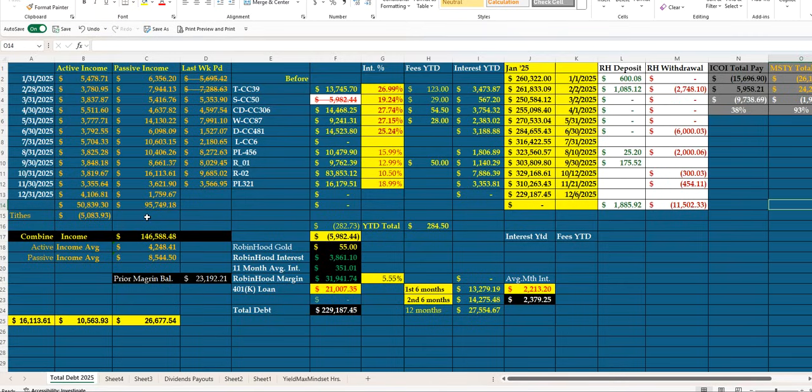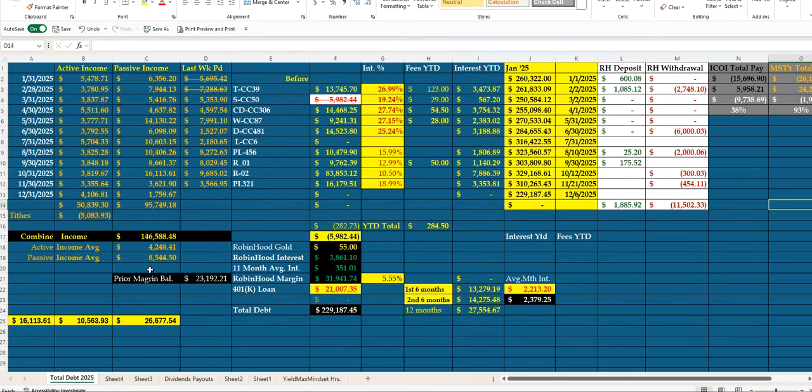Our total passive income for the year is $95,749.18, even though we pretty much have lost all of that due to our margin call. Combined, our active and passive income is sitting at $146,588.48. Average active income is $4,248.41.